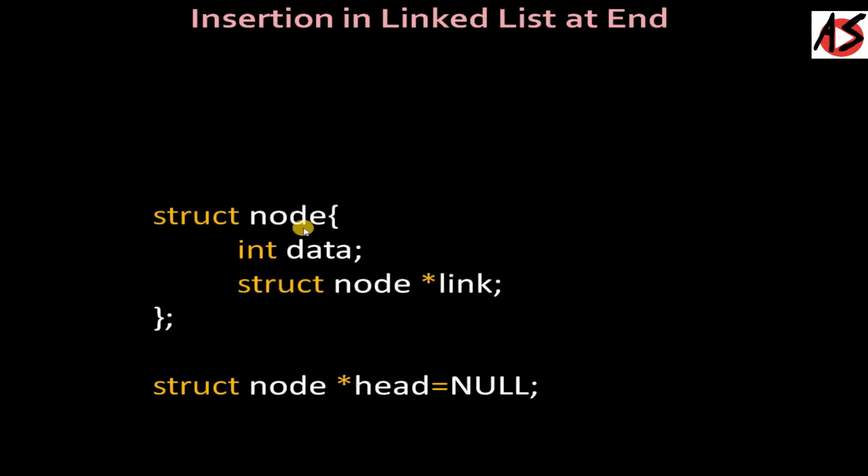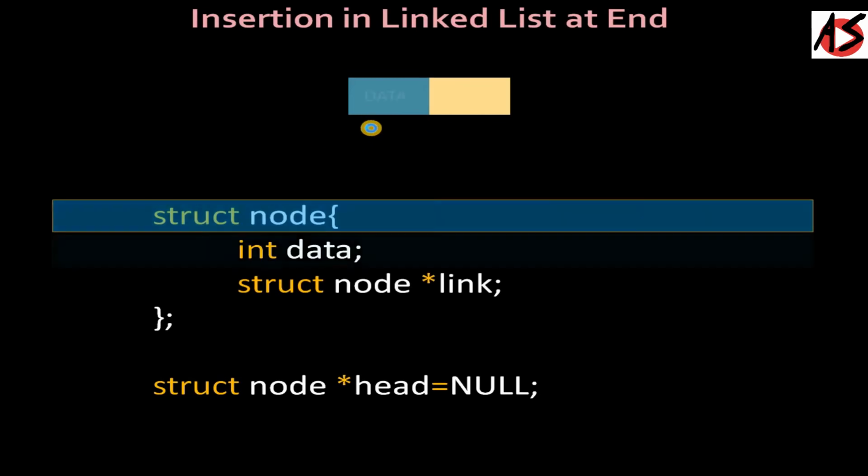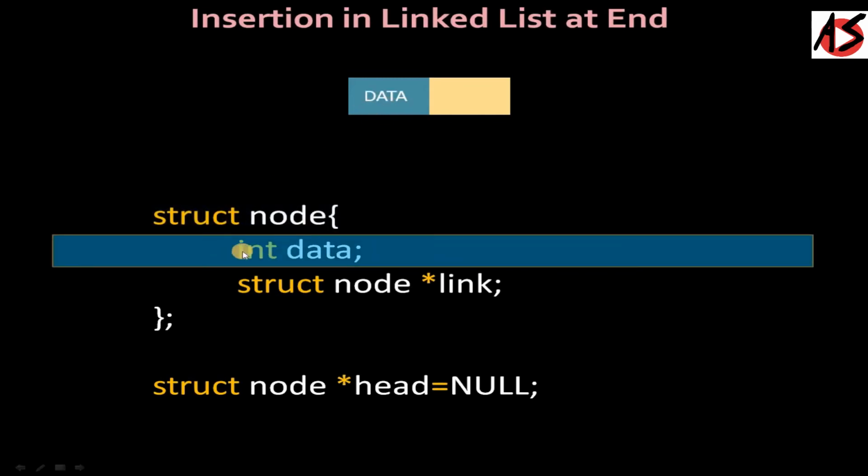So this is our node structure, called struct node, and struct node is allocating the memory like this, in which one is a data part that is integer type and the second is the link part.